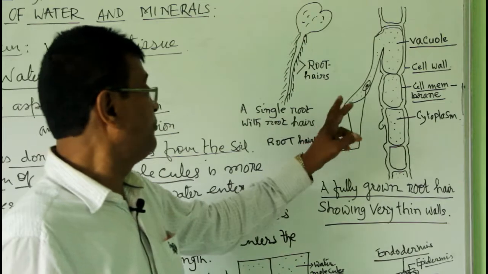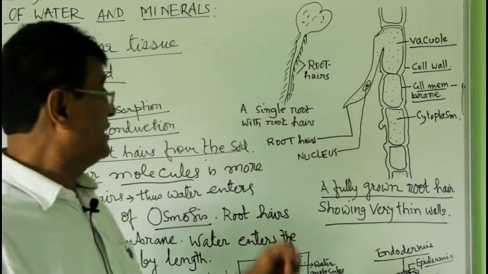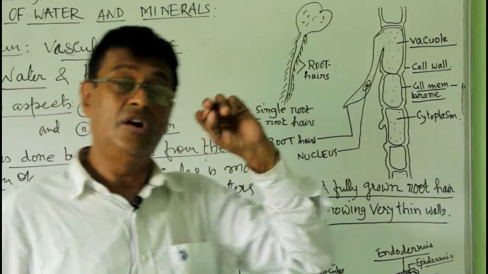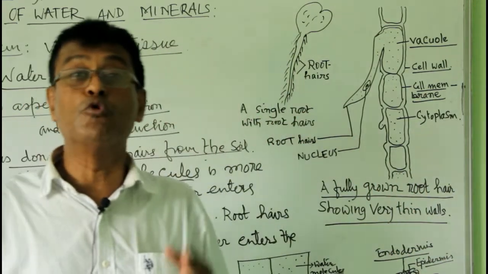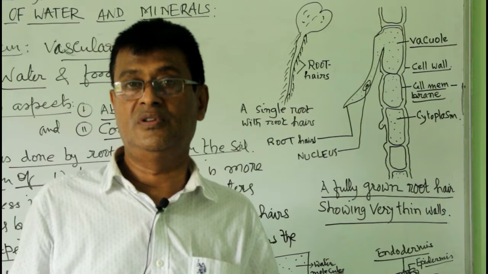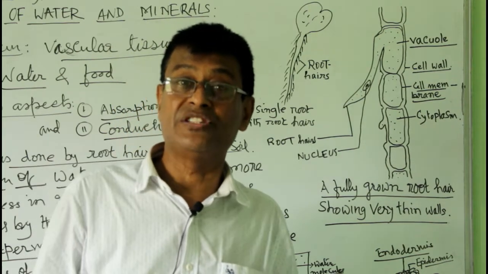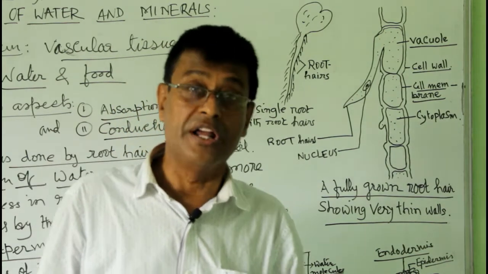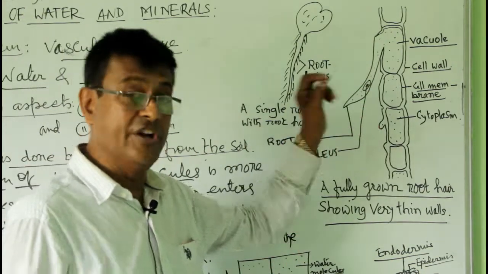Here the root hairs are always unicellular. The root hairs may be very tiny or very large. You know, root hairs may be up to 12 feet long. In that case, you might think that it is more than one cell. It's not. It's only a single cell, having a single nucleus over here.